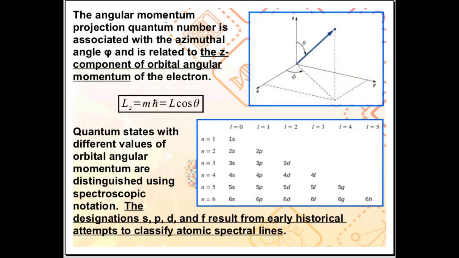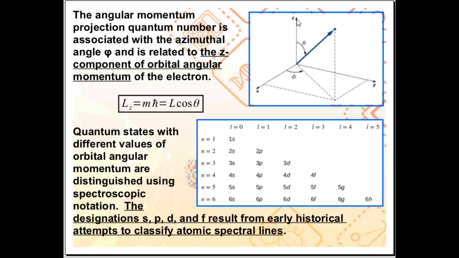The angular momentum projection quantum number m is associated with the azimuthal angle and the z component of the angular momentum of the electron. Lz is equal to m h bar, which is equal to L cosine of theta.